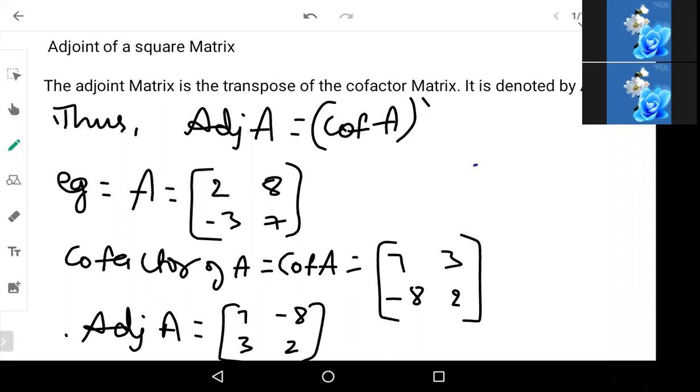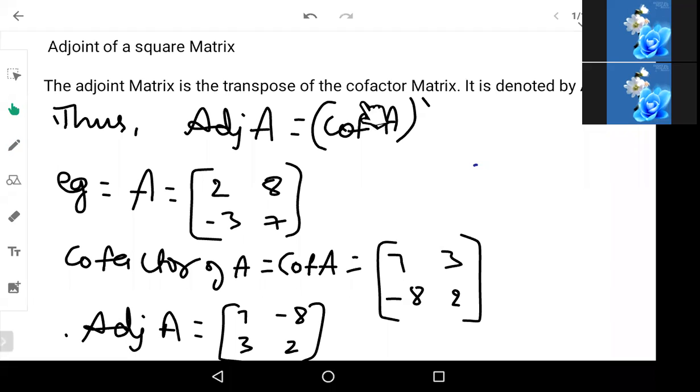What is the transpose of a matrix? Interchange of rows and columns. Good, Gauri. Correct. Aina's answer is also correct. So we are supposed to find the transpose of a cofactor matrix. Now, how do we find the cofactor? We know the formula: minus 1 to the power i plus j into minor Mij.